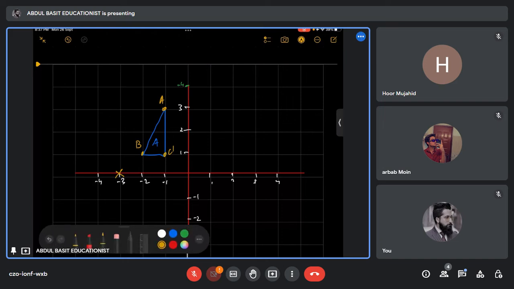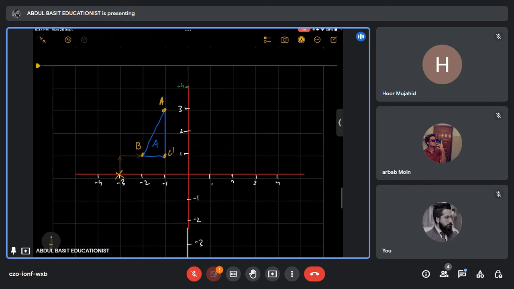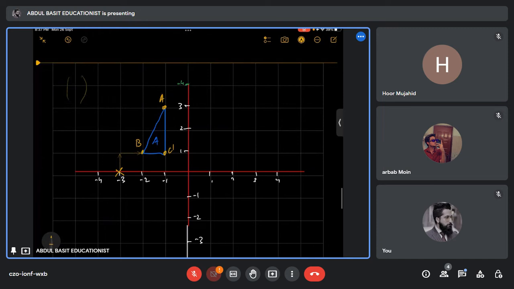Let's check what is the distance from this center to B. From center to B, let me write down the vector here, is 1 up and 1 right. The scale factor is 2, so multiply with 2.